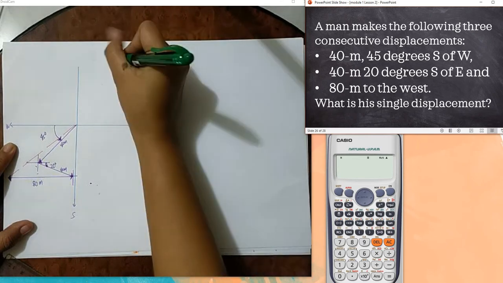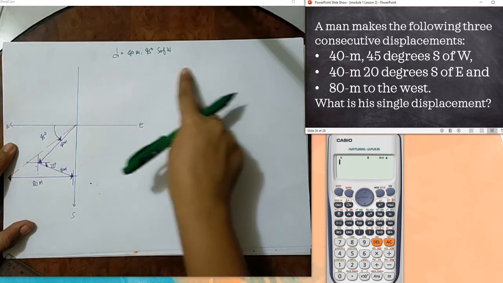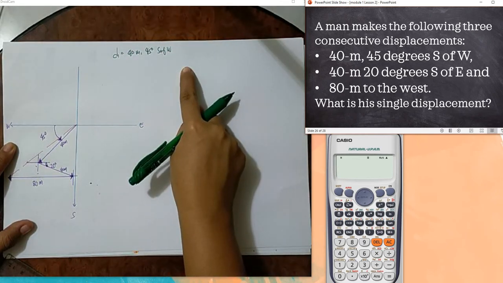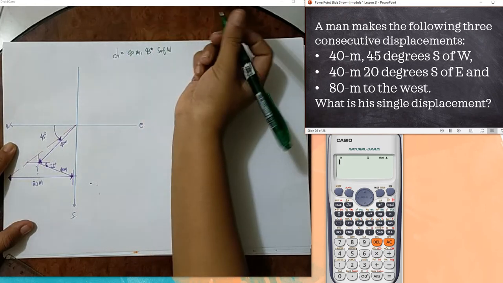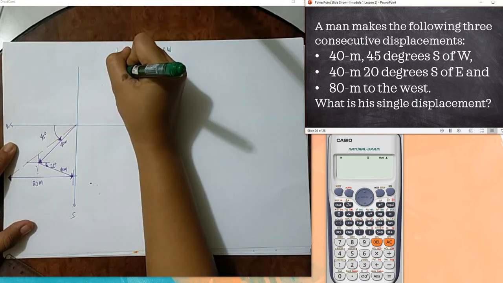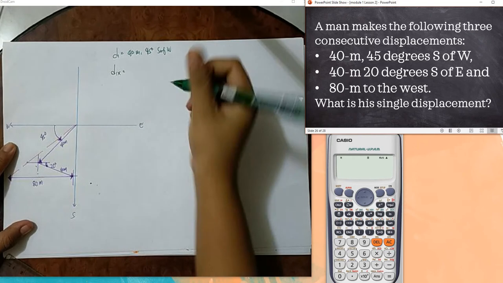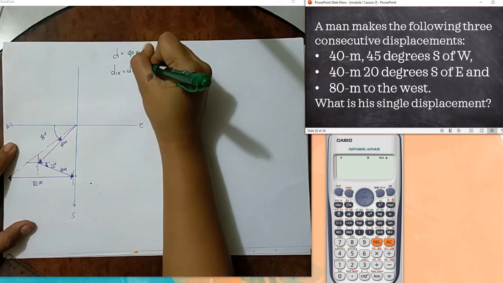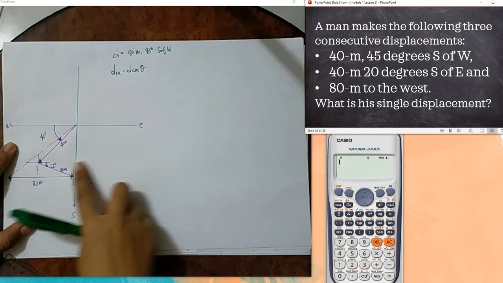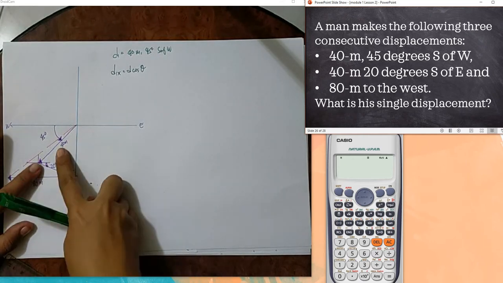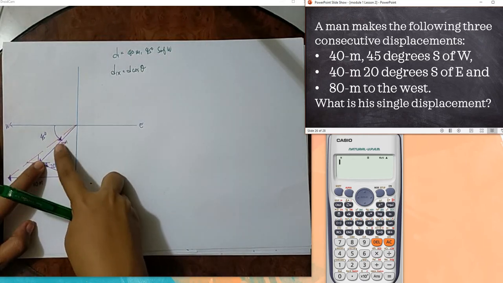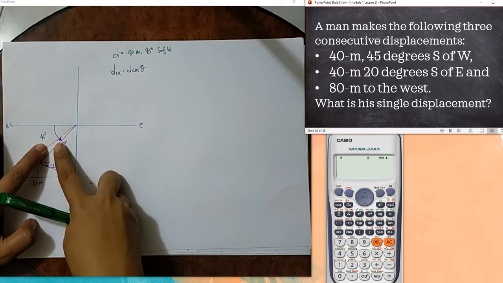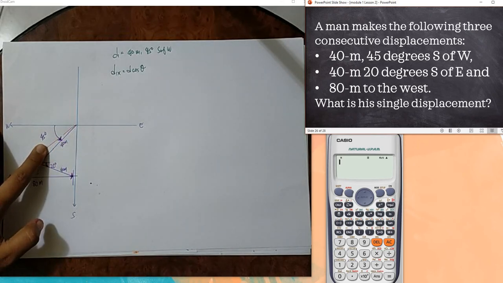There it is. So we will get its x and y. Okay, d1x. So we're going to use d cosine theta. If we look at our d sub 1, it is located on the third quadrant. At 45 degrees is its reference angle.